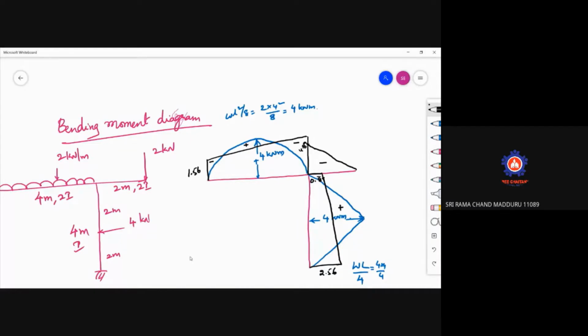You can check it. Now if you hatch the portions where the bending moment is occurring, so this portion is the bending moment zone, and the remaining is nullified.